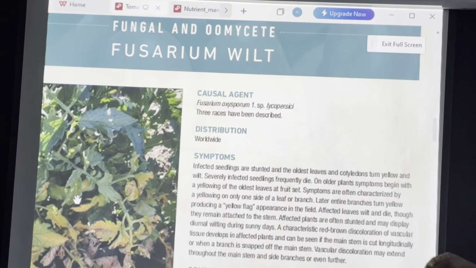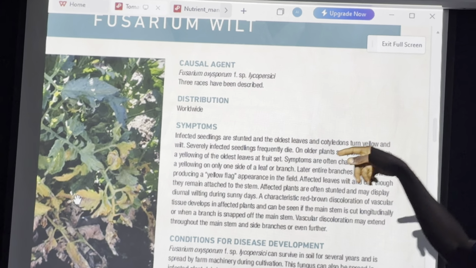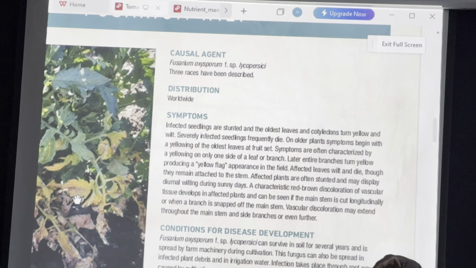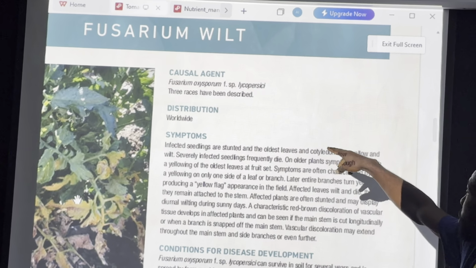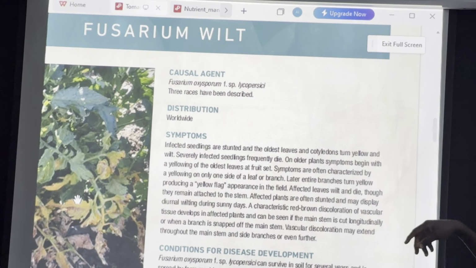Fusarium wilt is caused by Fusarium oxysporum. In the previous slide, we learned that foot and crown rot is also caused by Fusarium oxysporum, but the specific subspecies responsible for Fusarium wilt is lycopersici.